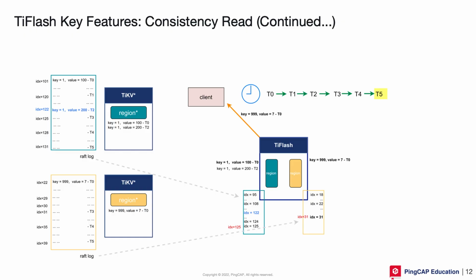Next, at the T5 moment, TiFlash waited until the Raft log index of key equal 1 was 125 and confirmed that the value of key equal 1 must have been copied, so it read the value of key equal 1 but found that there were two versions, 100 and 200. Since the read occurred in T1, the value from T2 is discarded and returned to its previous value of 100.